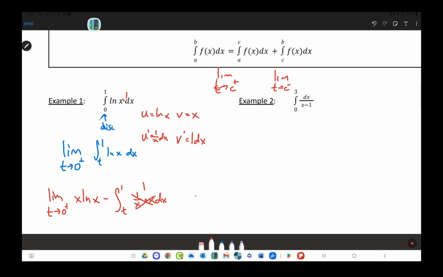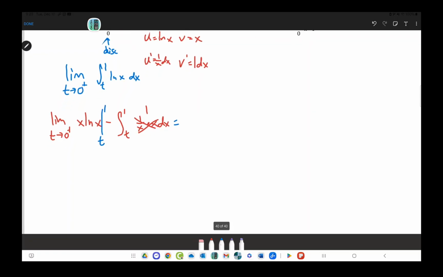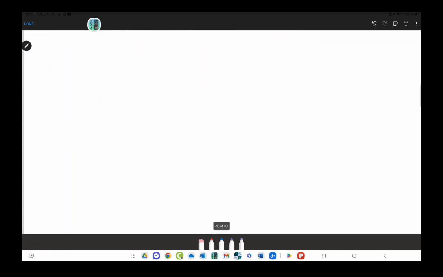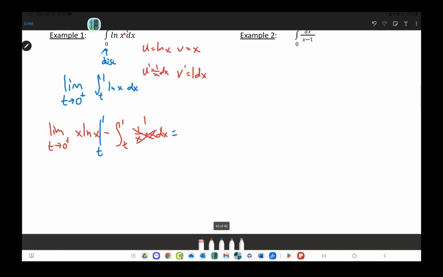So I'm missing something here, which is this part right here, t to 1. I did not give anybody enough room to write. Oh no, there's some room here. So that's good for me anyway. How about you guys?